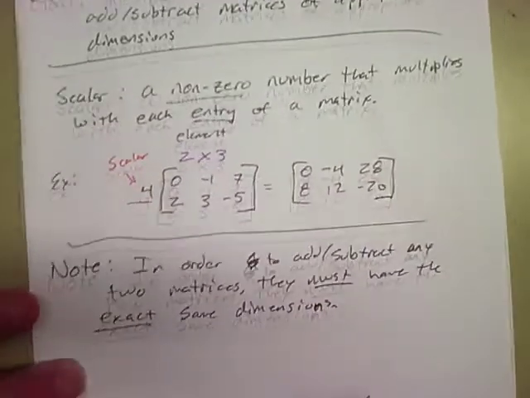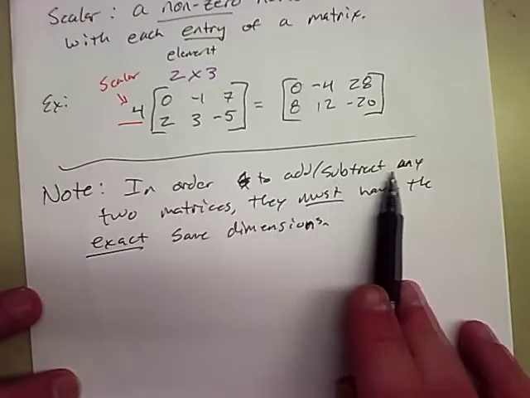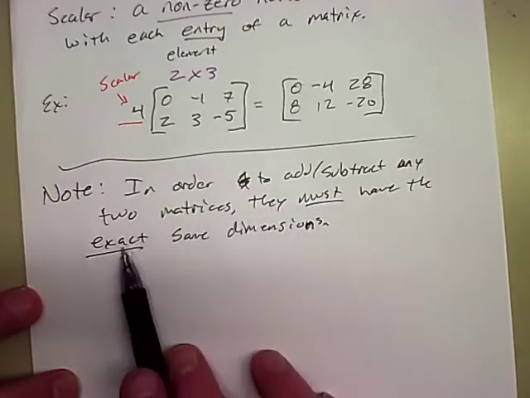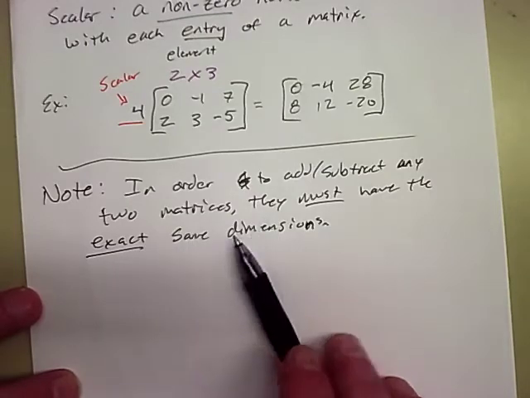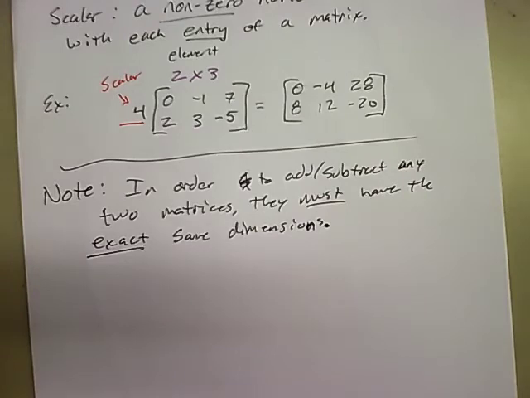All right, so in order to add or subtract any two matrices, they must have the exact same dimensions. If they don't have the same dimensions, then we would say that it is undefined. You cannot add or subtract these because they're not the same.